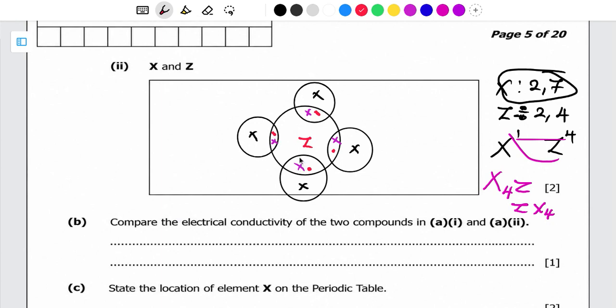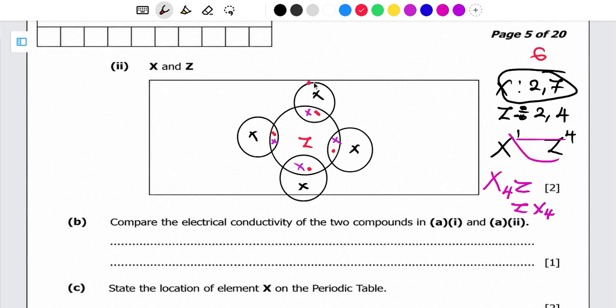But remember, if X is contributing 1 electron here, just this part here, how many electrons are going to remain? From 7 you remove 1, you're going to remain with what? 6. So each X here is remaining with 6 electrons.